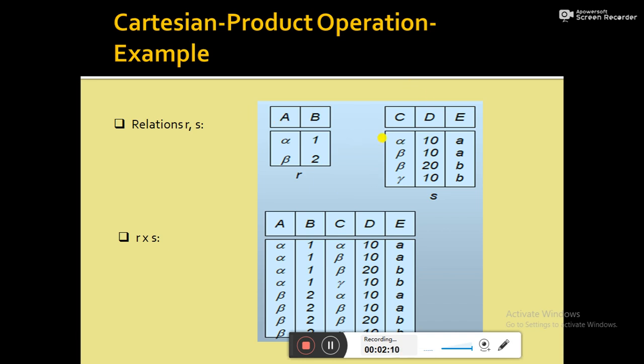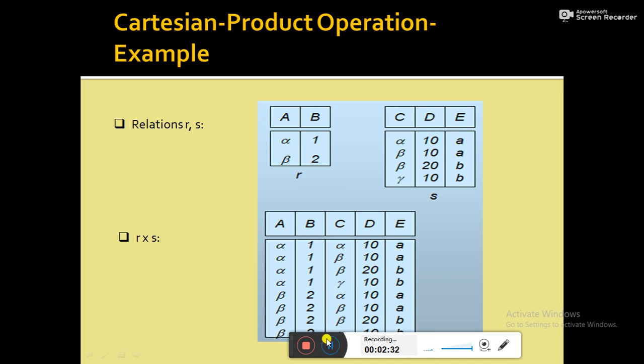So let's discuss that concept with an example. This is the relation R, with two attributes A and B, and these are the set of records. S is another relation with three attributes C, D, E. That means R and S don't have any common attribute.